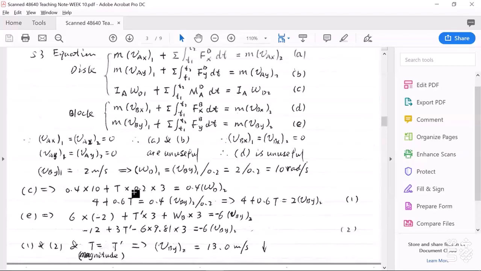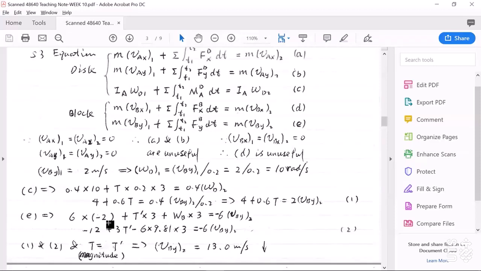This is T times 0.2. It is clockwise. According to the defined coordinate system, it should be positive. Omega D2 can be replaced by VBY2 divided by the radius of the disk. So this will be our first equation, equation 1.